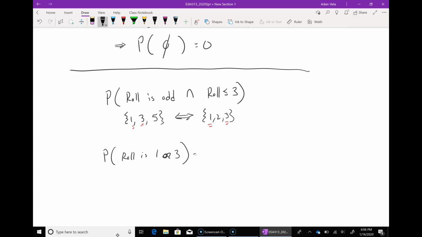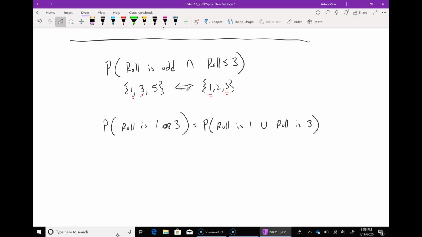Because that's the same thing as saying the roll is 1 or the roll is 3. Both can't happen at the same time. And so when you have mutually exclusive events like this, you can actually add up their probability if you're taking the union. So in this case, we'd get 1/6 plus 1/6.